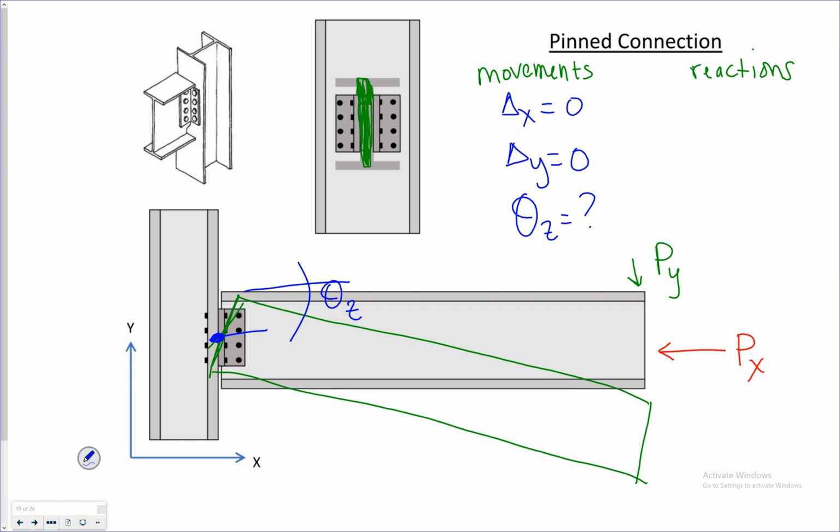Similarly, now a reaction. What is preventing that displacement? A reaction force in the X direction, a reaction force in the Y direction. However, there's no moment preventing rotation, so there's no moment reaction.